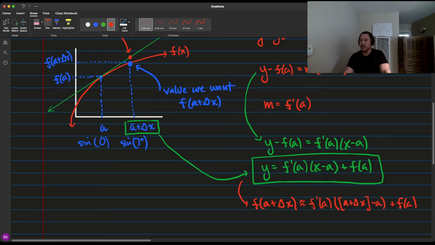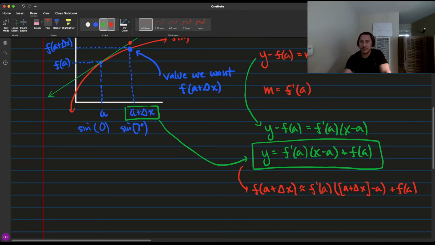So what you notice is that the a and the minus a cancel, leaving you with f prime of a times delta x plus f of a. So if you want to approximate f of a plus delta x, that is going to be close to f prime of a times delta x plus f of a.